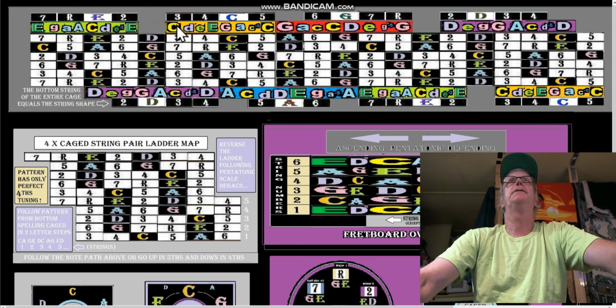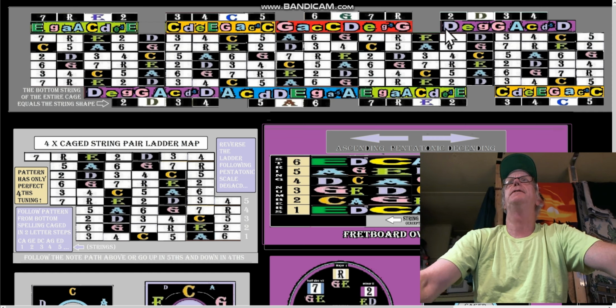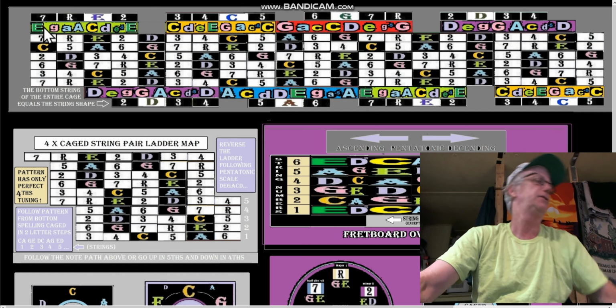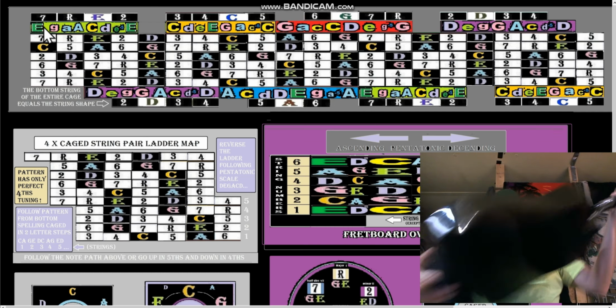We've got the cage system: C, A, the G cage, and then we've got the E cage, and the D cage, and then for good measure we have another C cage there, and below that C cage, where most guitars usually aren't going to be tuned that low, we have a D cage and an E cage, like I have on my guitar.